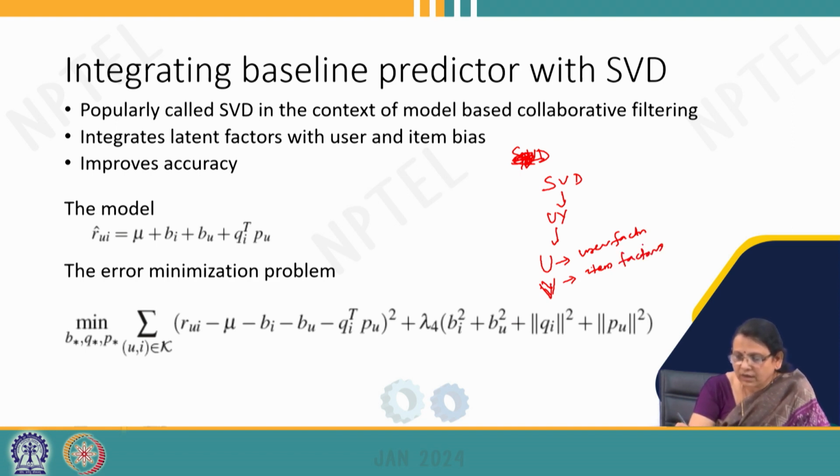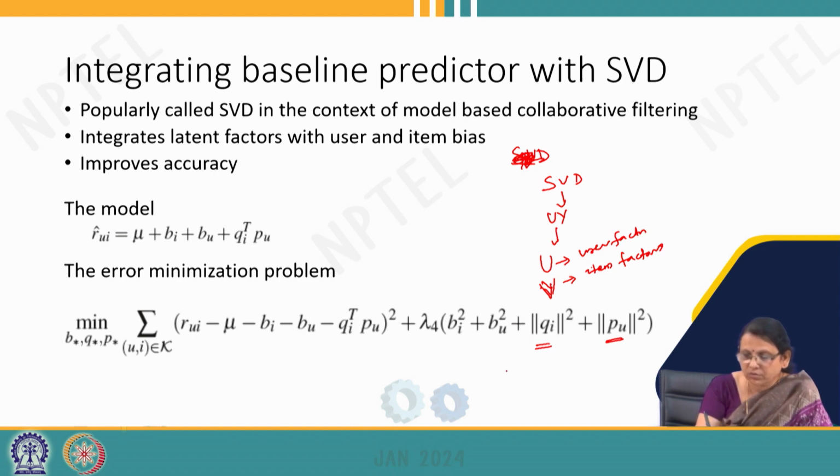Okay. So now in this U and V matrix, if we consider a specific rating which is given by user U on item I, this considers the factor corresponding to user U and the latent factor of item I.